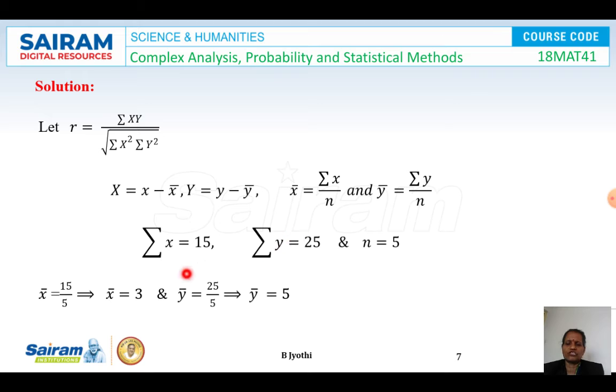So summation x is 15 and summation y is 25, where n is 5. Therefore 15 by 5 gives x bar, the mean of x, which is 3, and y bar is 25 divided by 5, which gives 5. So the x bar value is 3 and the y bar value is 5 now.